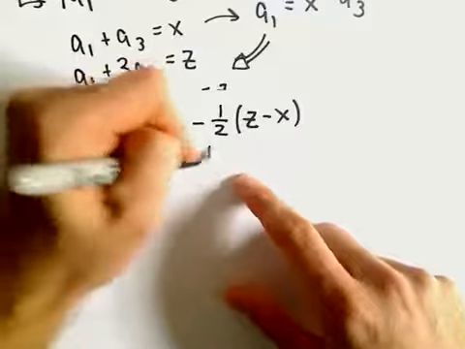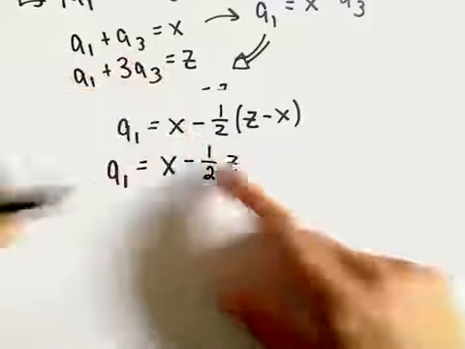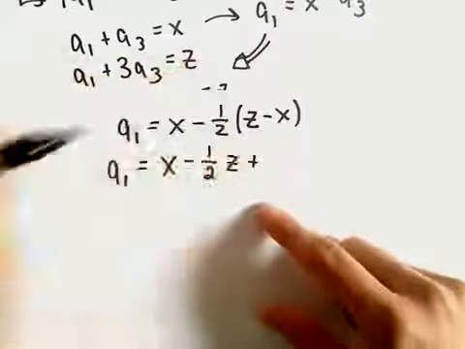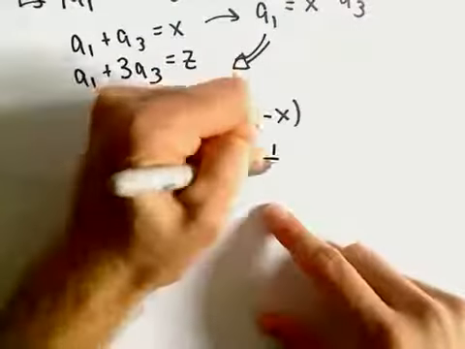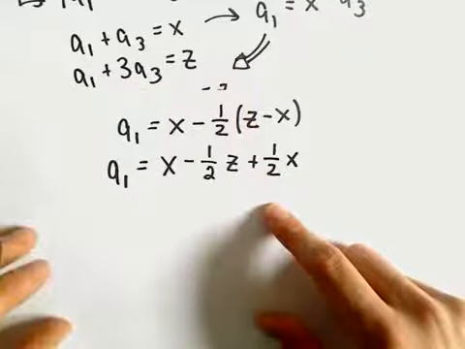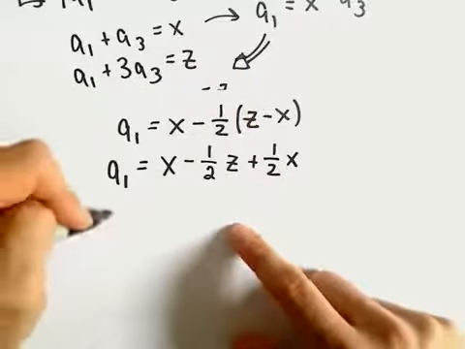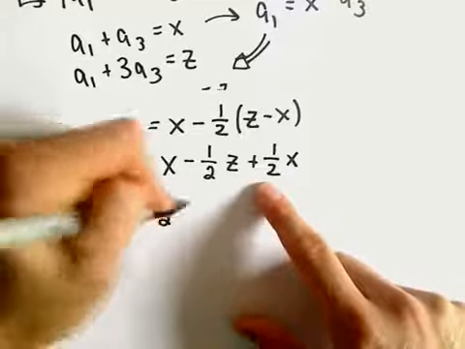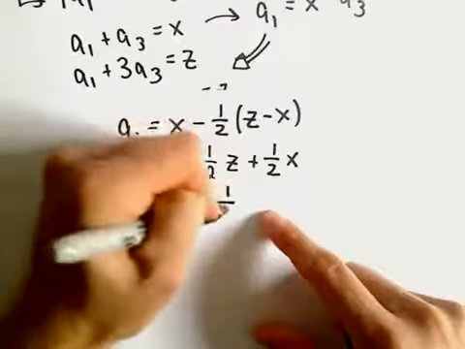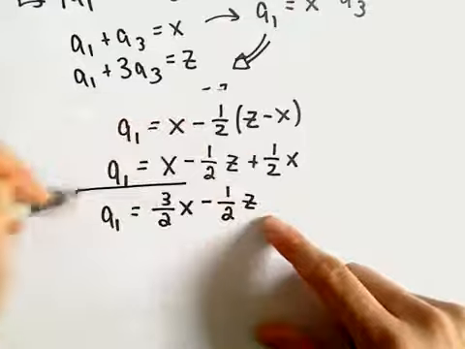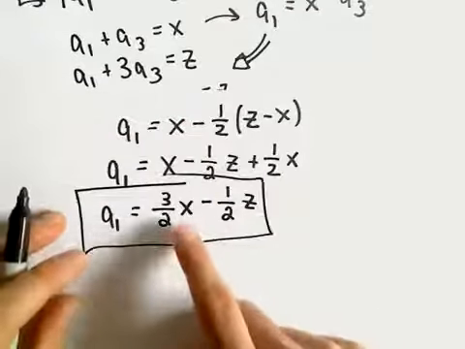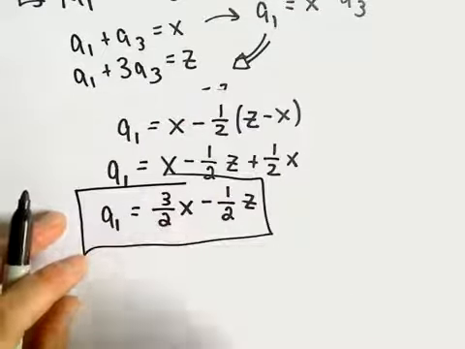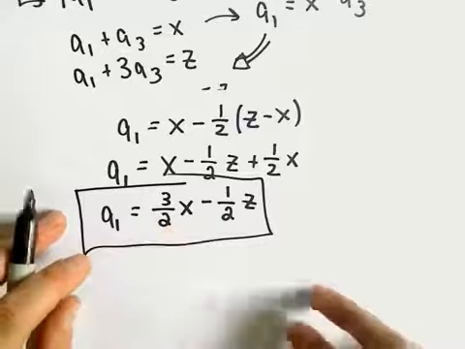So we've got x minus 1/2 times z, plus 1/2 x. And now I'm going to combine my like terms. So 1x plus 1/2 x is going to be 3/2 x minus 1/2 z. So now I've got a1 in terms of my components x, y, and z. We don't need the y, obviously, in this case, just x and z.